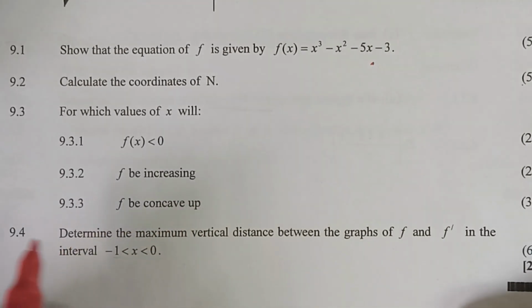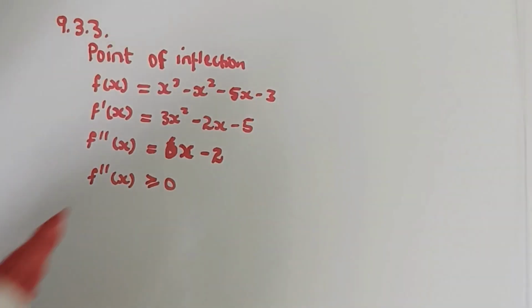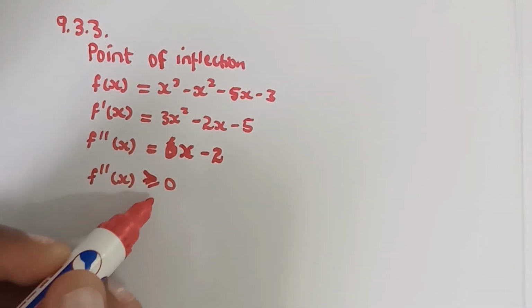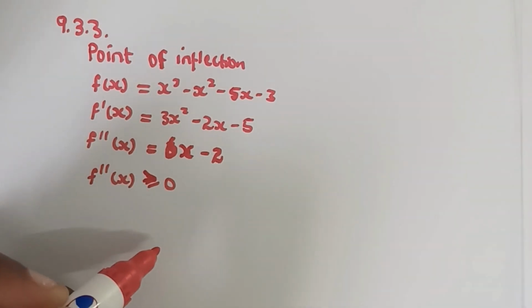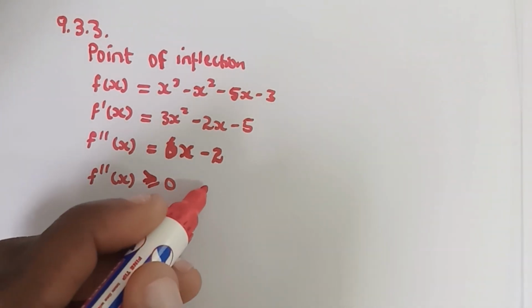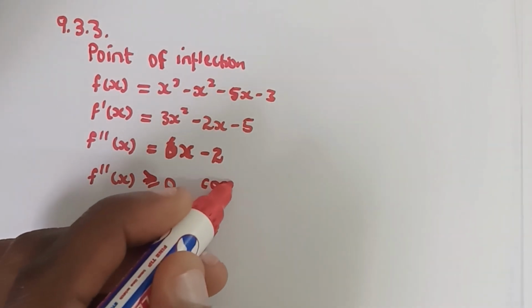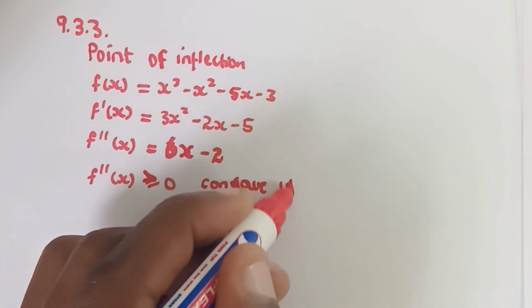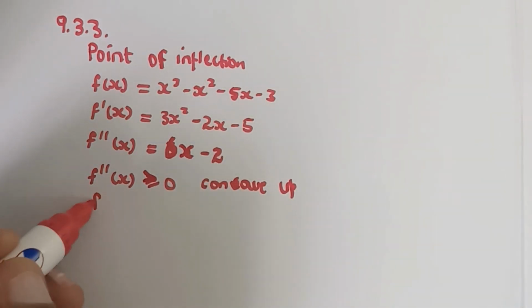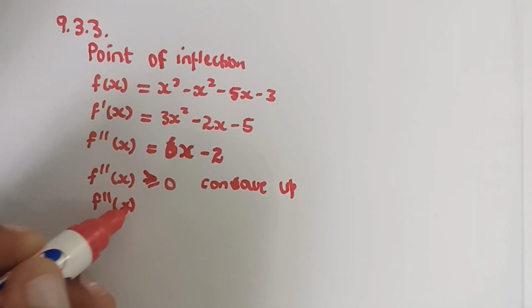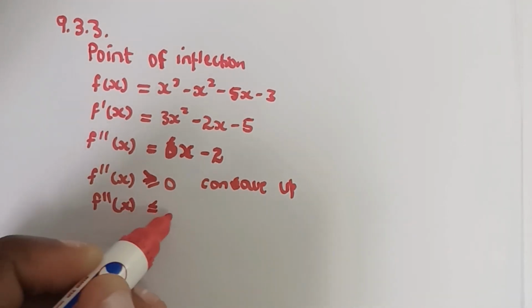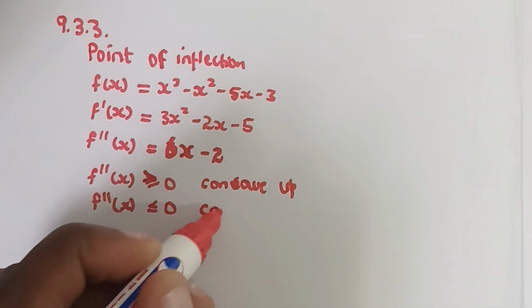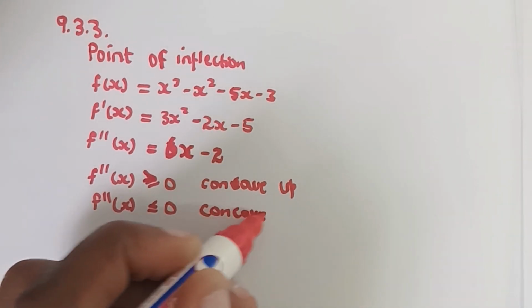If it was saying concave down, we were going to say it's less than or equal to. For this one it's concave up, and for f prime prime of x less than 0, it means that it is concave down.